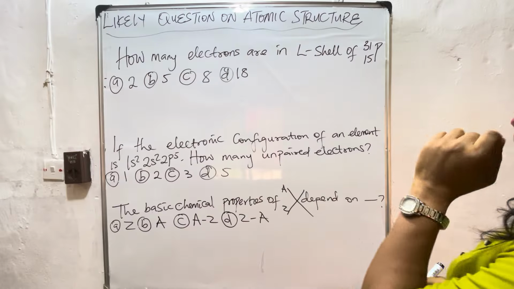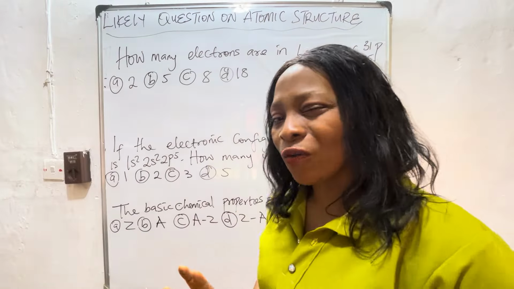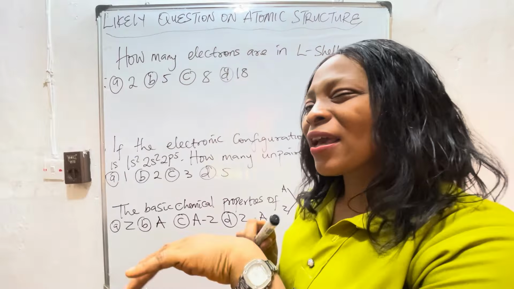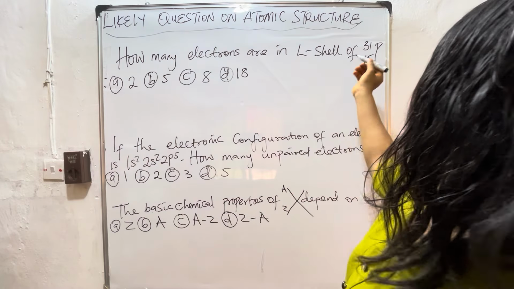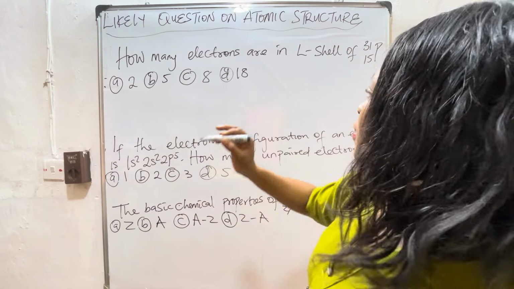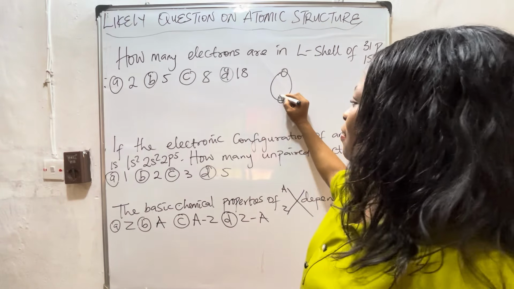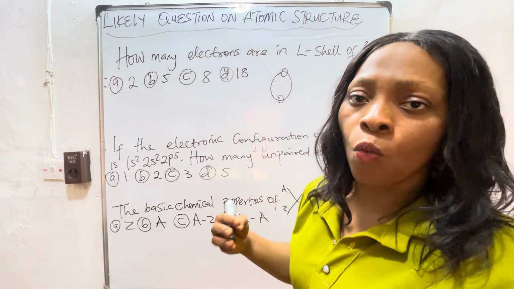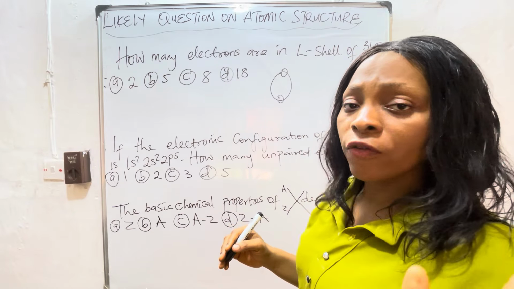So how many electrons are in the L shell of phosphorus, 31? Easy way to solving it. Remember, you are working with time. Phosphorus, the easy way to solving it is simply draw your shells. Now the first shell contains a maximum of what? 2 electrons, while the other shells contain a maximum of 8.